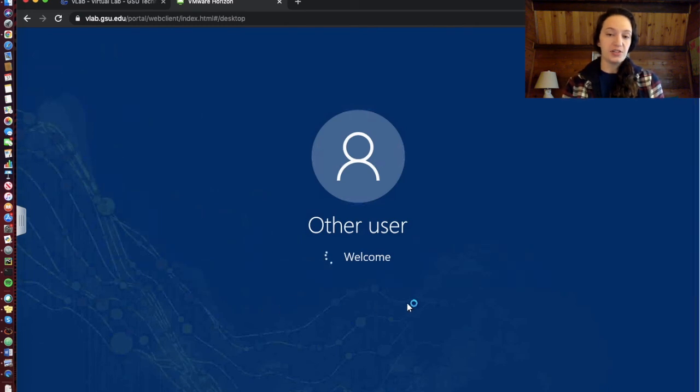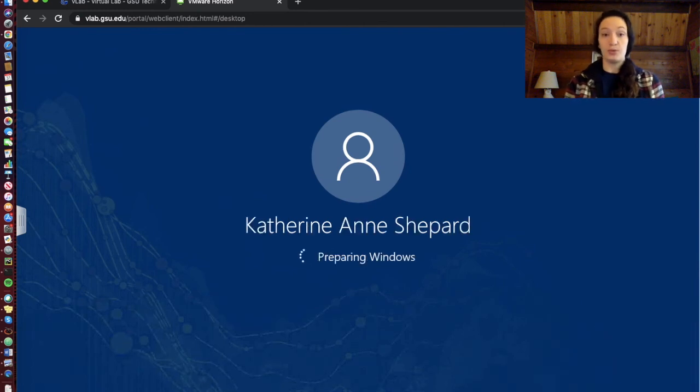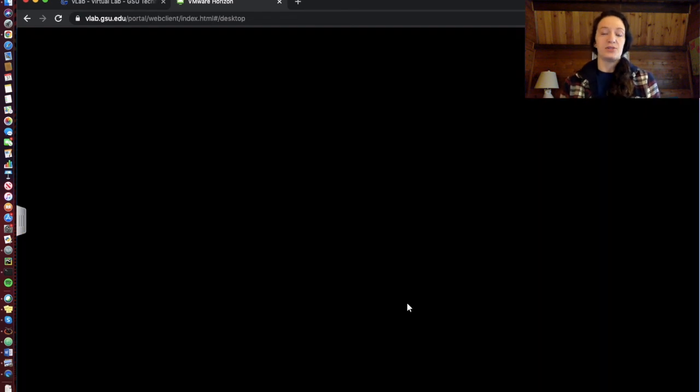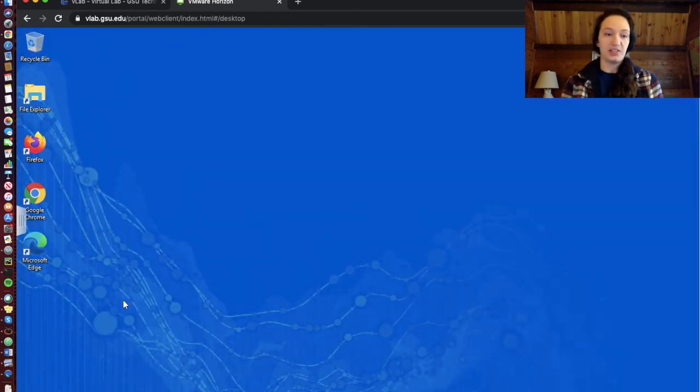What this is doing is logging you in to the lab computers that we would be using if we were in person. So you're seeing the desktop, and even though I'm on a Mac, I'm seeing a Windows desktop. From here, go to the bottom left-hand corner and click the Windows icon.